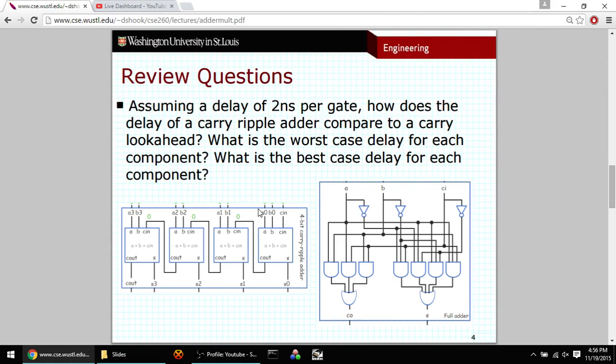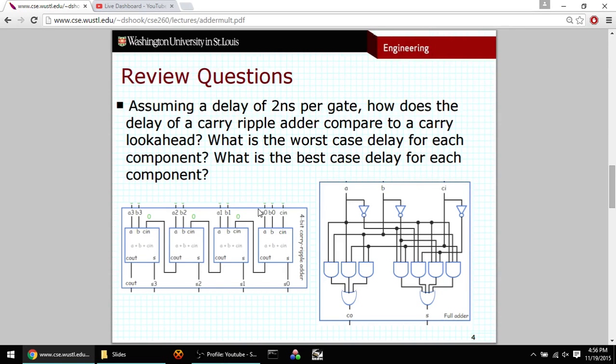So for each of these, how many gates do I have? I think it's just 2 per bit, plus 3 for the last one. So if I have 4 bits, it's 4 minus 1 times 2 gates, and then add 3 on the end. So for 5 bits, that would be 4 times 2, which is 8 gates, plus 3 for the last one. That's 11 gates total, and you can figure out the total gate delay based off of that.